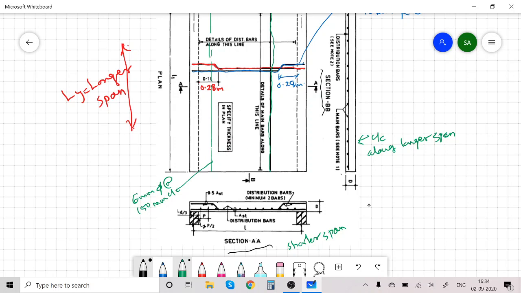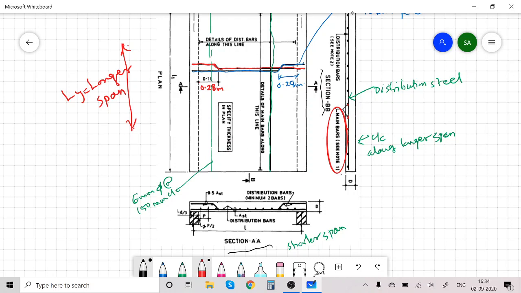You will see at the bottom their main steel is there, and above the main steel the bars are distribution steel. So this is distribution steel. Whereas these dots you can see in the cross section below this distribution steel is the main steel.